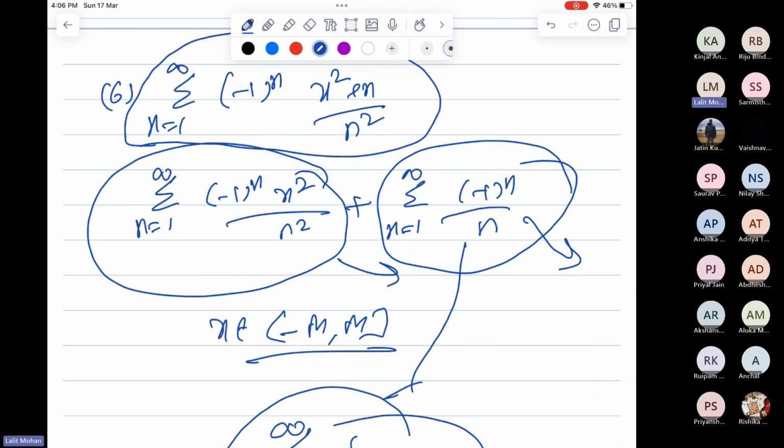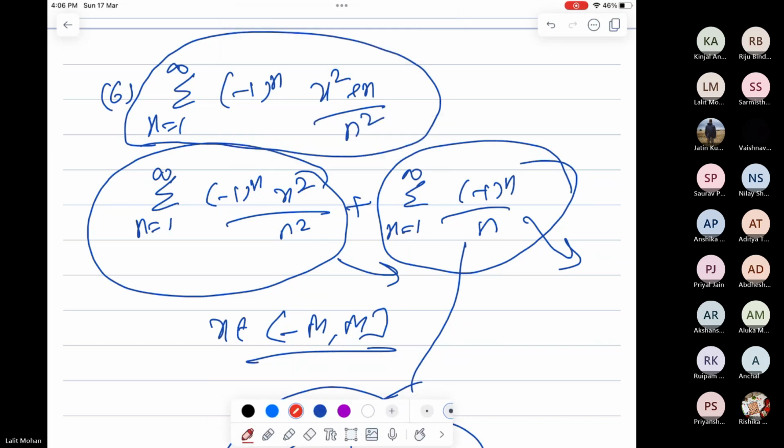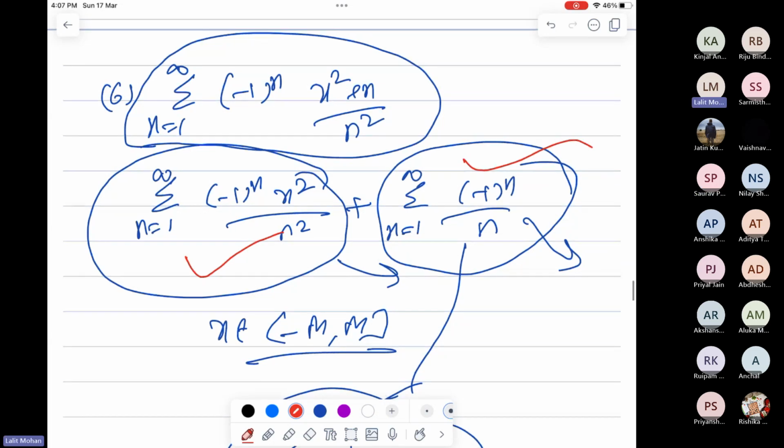You can split this series in this and this, yes or no? Yes, sir. Now when we take the absolute value, what about this? It will diverge. And when we take the absolute value, this will be x square by n square.